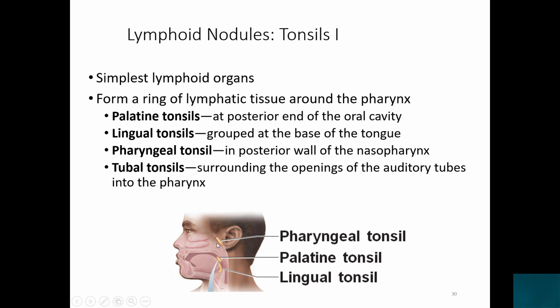Pharyngeal tonsils are in the nasopharynx. And you cannot see it in this picture, but we also have tiny tubal tonsils that surround the openings of the auditory tubes or eustachian tubes or pharyngotympanic tubes that connect the tympanic cavity in our middle ear with our pharynx.